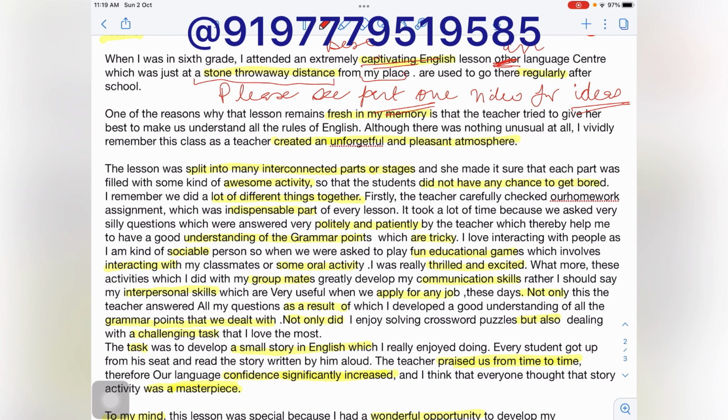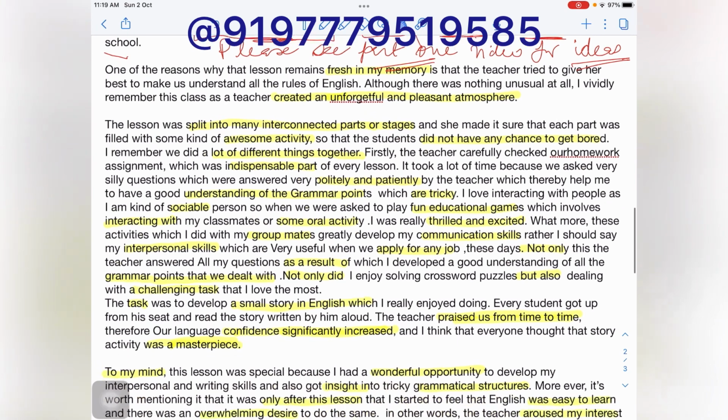So that means it was very near to your place. Here it should be "where I used to go there regularly after school", something that you did in the past. Please don't mind the slips because I am not very good at typing.